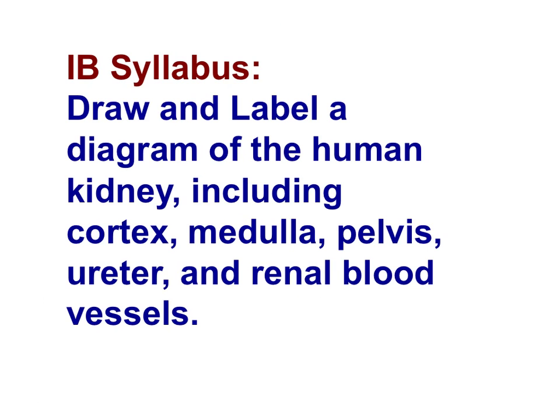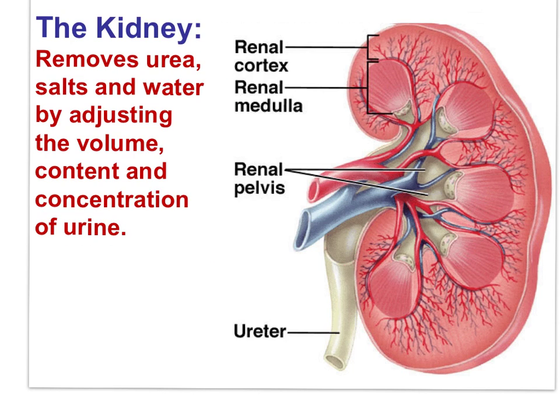Here's the first important IB syllabus statement of the movie. Draw and label a diagram of the human kidney, including the cortex, medulla, pelvis, ureter, and renal blood vessels. The kidney has important regions that I'm introducing here for the first time.